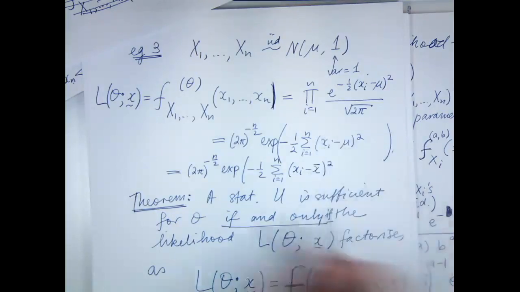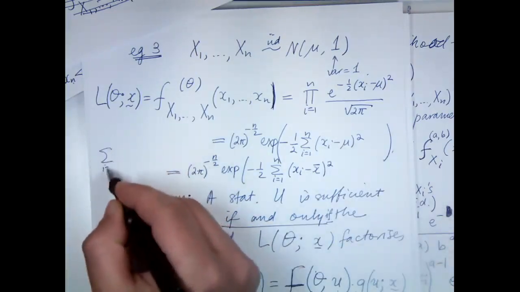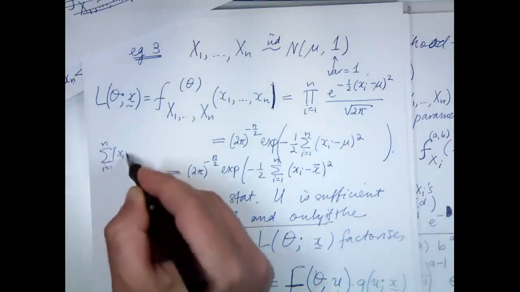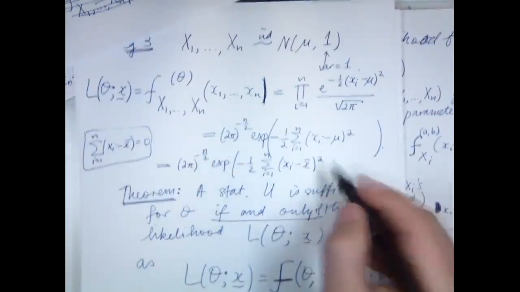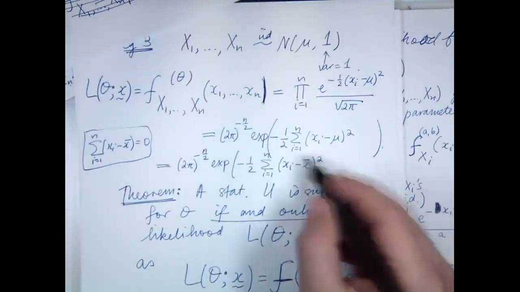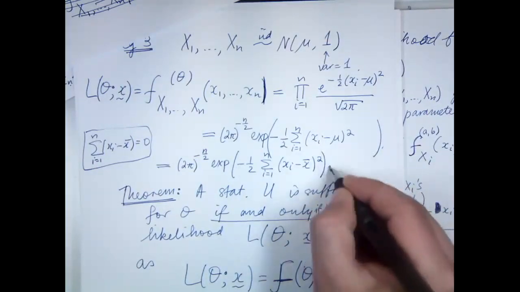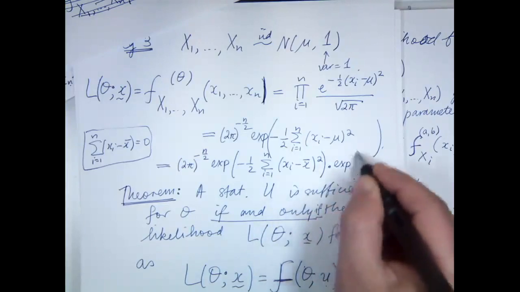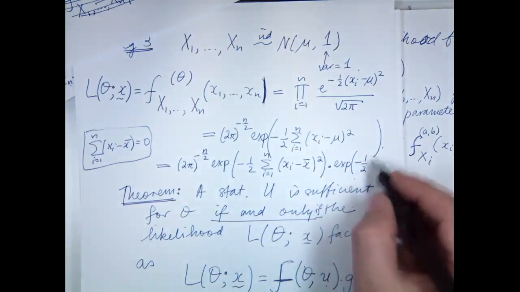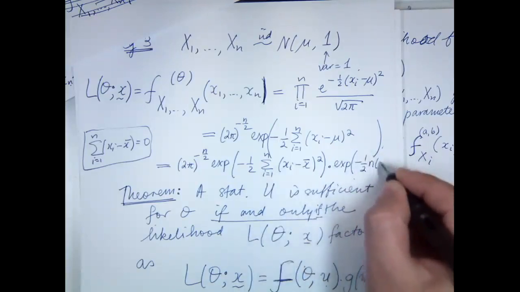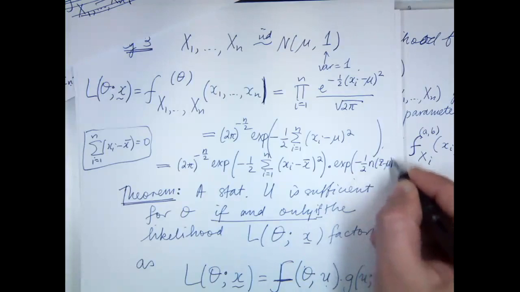The key fact is that the sum, i equals 1 to n, of (xi minus x bar) equals 0. Using that key fact, the cross term equals 0, and then just times exponential of minus a half n (x bar minus mu) squared.